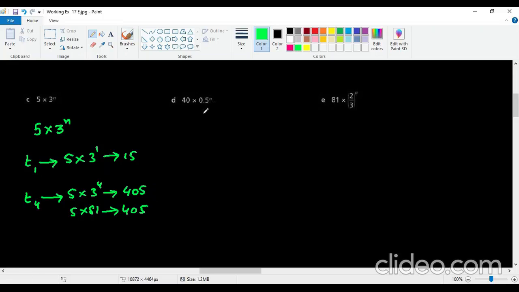In here, term 1 and term 4, this is going to give us 40 times 0.5 to the power 1, and in here 40 times 0.5 to the power 4. The first one is going to give you 20.